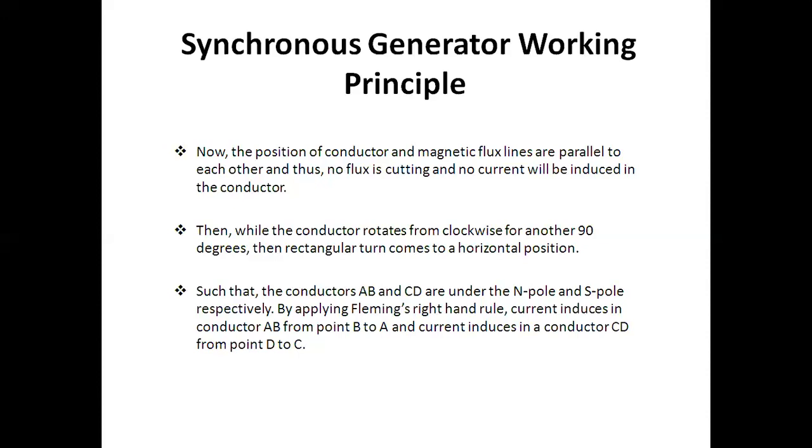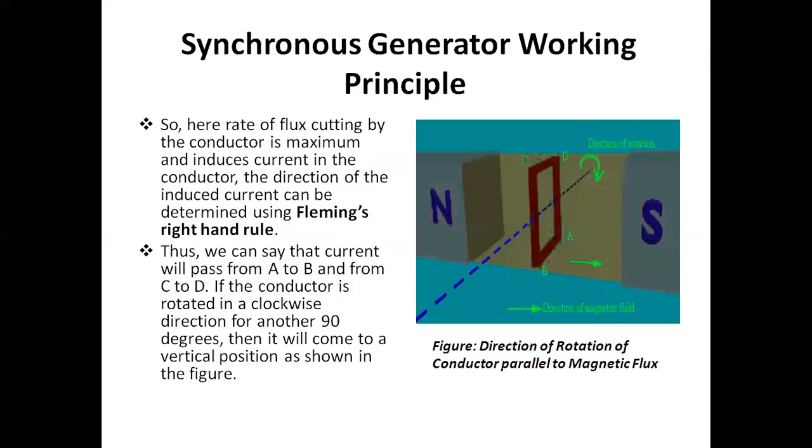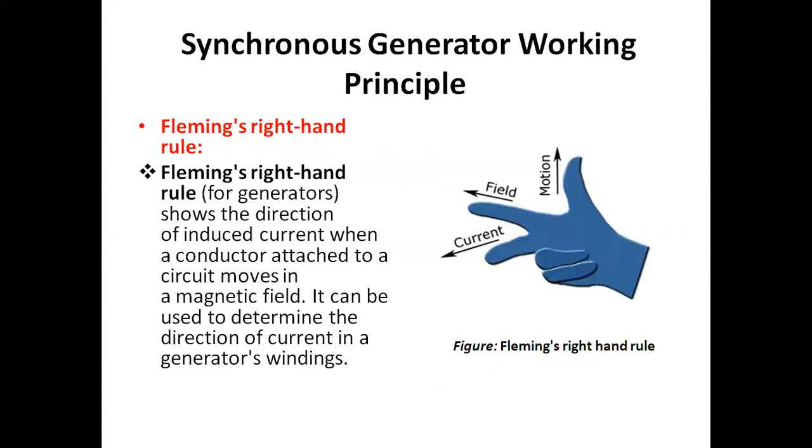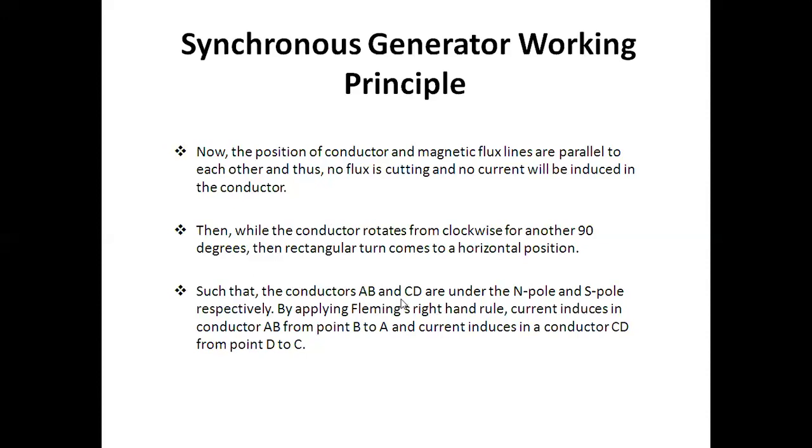Previously it was seen that AB is under the South Pole and CD is under the North Pole, but now it is changing. AB becomes under the North Pole and CD becomes under the South Pole.